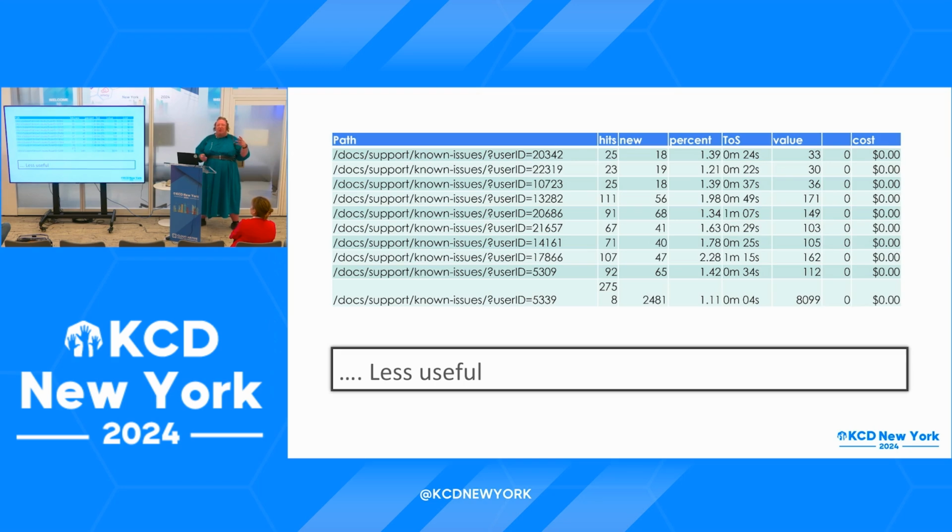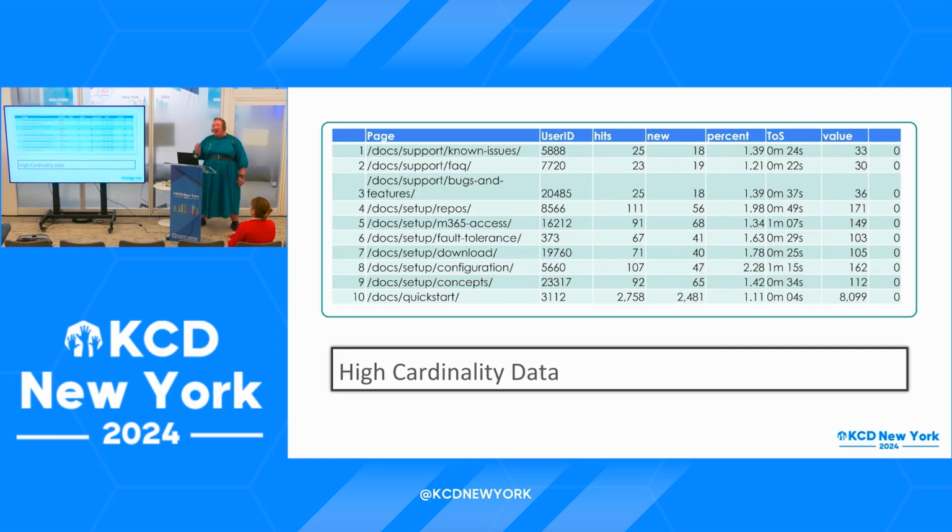So when we talk about data cardinality, each metric can have many possible values. One way of looking at it is that the path metric here has way higher data cardinality, which is fantastic. But that's not usually what we're thinking of when we're thinking of high cardinality data. What we want is something like this, where we have that path and we have a new column for user ID.